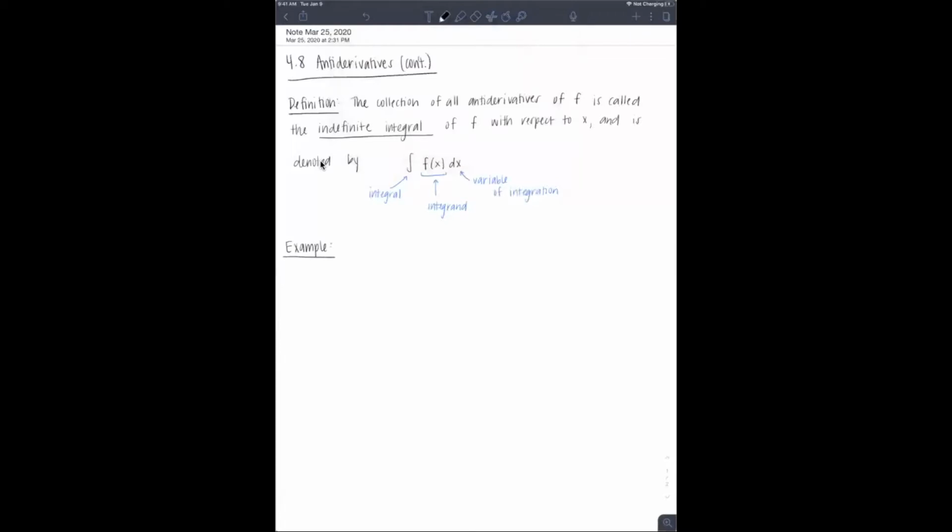so let's just evaluate each one of these. The first one is going to be the integral of 1 over x squared minus x squared minus 1/3 dx.